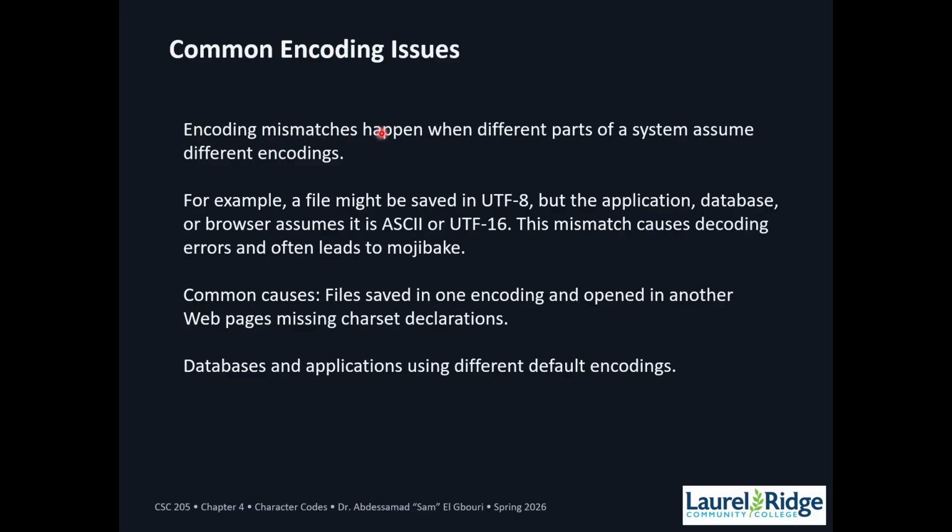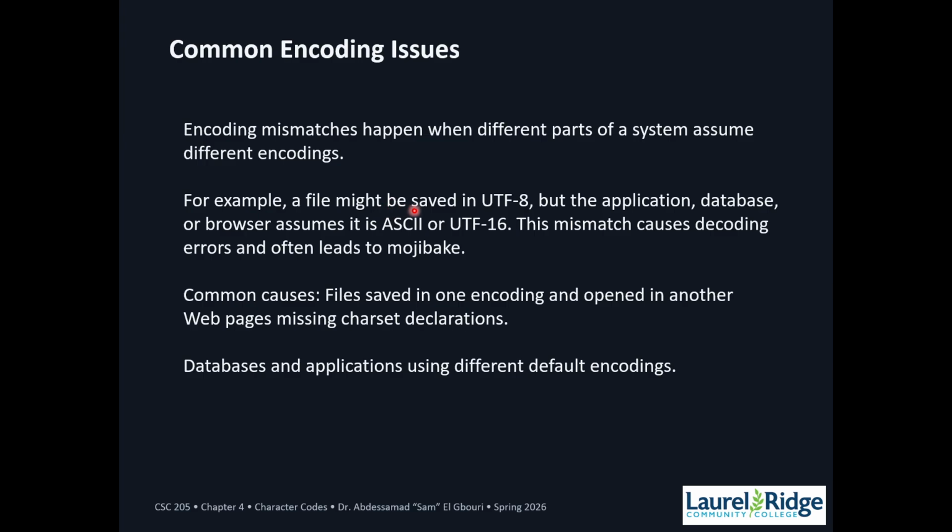Encoding mismatch happens when different parts of a system assume different encodings. So let's say a system is using UTF-16 internally, and then it transmits the data using UTF-8. You may have some problems there, or the opposite: using ASCII internally and then using UTF-8 for transmission, you'll have an issue.